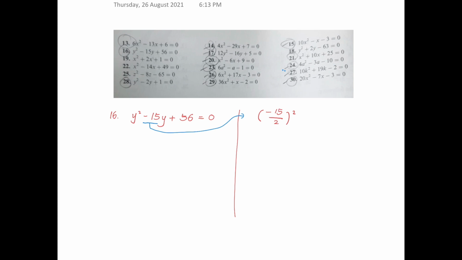Of course, we can just press the calculator for this. You will get 56.25. If you want, you can change it to an improper fraction, 225 over 4.